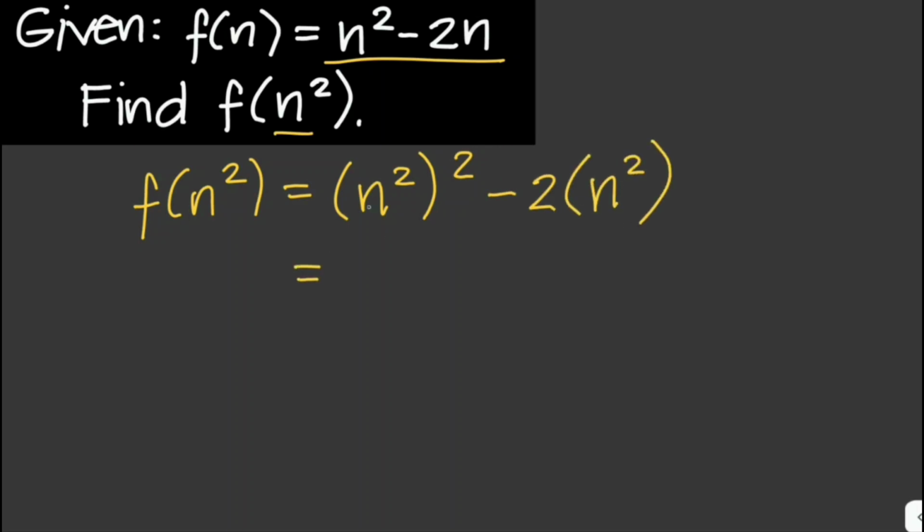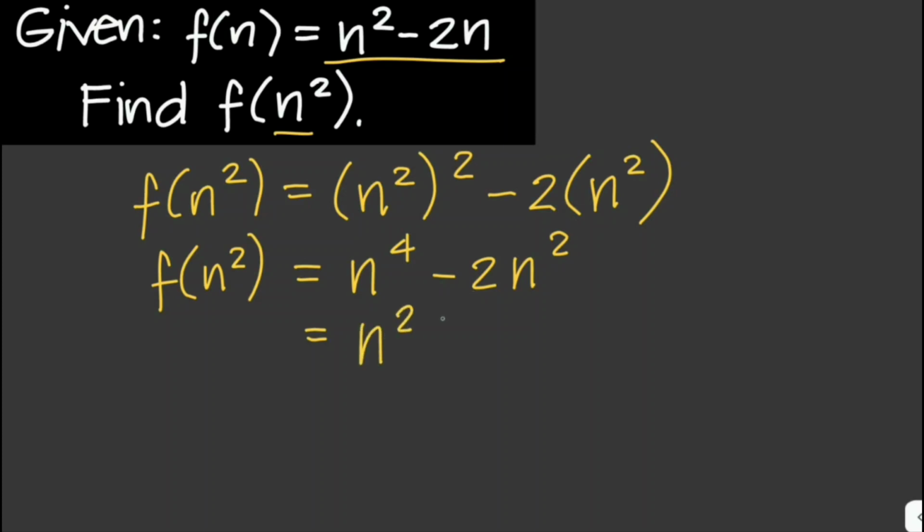So this is just n to the fourth. N squared squared is just n to the fourth, just have to add the exponents following the law of exponents, minus 2n squared. So this is our f of n squared, or you can just simplify this further by factoring out n squared. So that would be n squared times n squared minus 2.